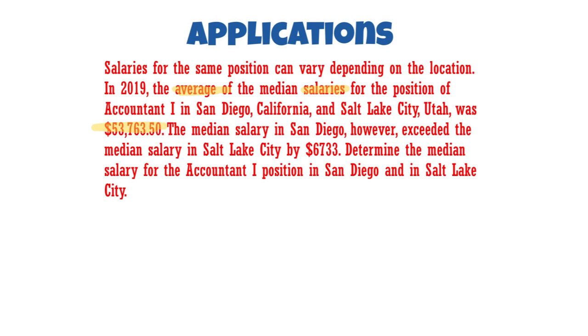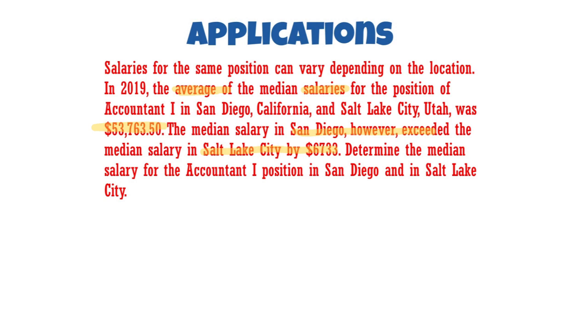And then it comes back and it says the median salary in San Diego, though, exceeded that salary in Salt Lake City by $6,733. So San Diego exceeded Salt Lake City by $6,733. Determine the median salary for the accountant one position in the two cities. Okay, here we go.